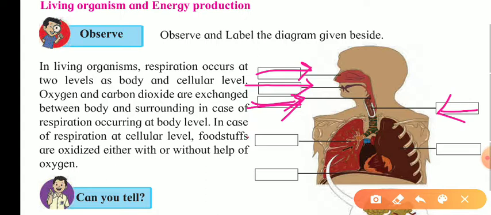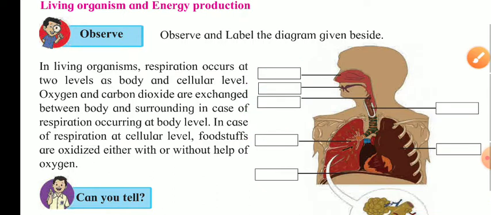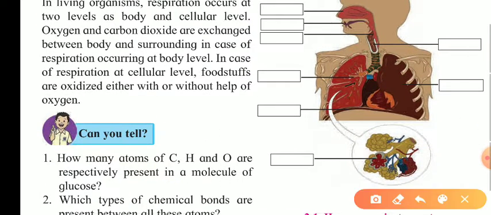Then here we have the bronchi. Here we can write lungs, and this is the diaphragm. The part we mentioned over here you can write as alveoli. Alveoli is the end of the bronchi present in the respiratory system inside the lungs, where the exchange of gases takes place.